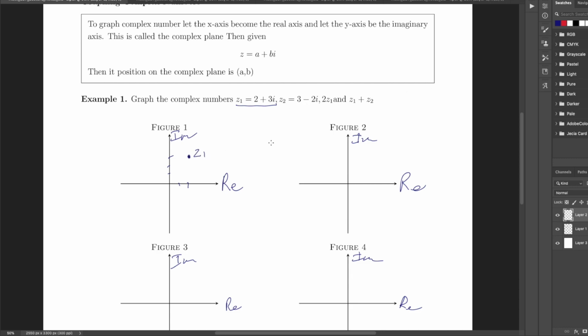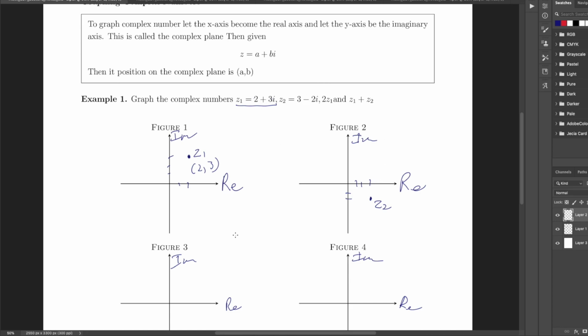This is z1, at (2, 3). Now z2: we go over 3 units in the real direction and minus 2 units in the imaginary direction. This is z2, found at (3, -2).